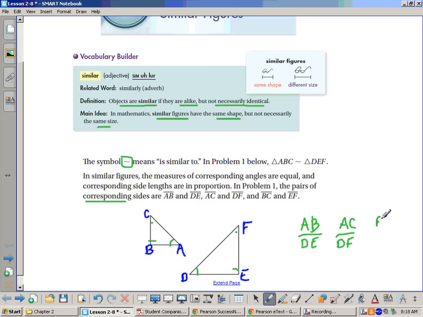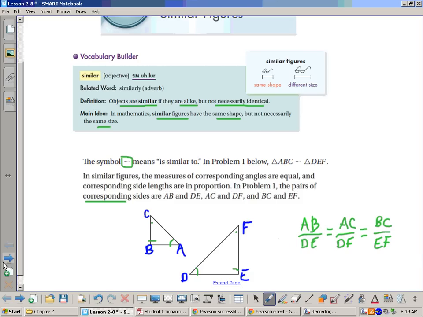So we'd write BC over EF. The neat thing about similar triangles is that once we get these fractions all set up, they are all equal. We can use our knowledge from our previous lesson that proportions are equal to each other, so we can solve for missing side lengths using this.